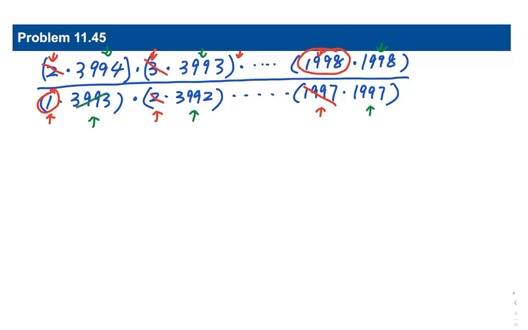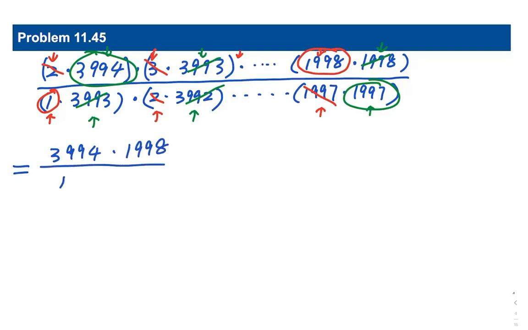So these will be cancelled, and this term will stay. This term will stay. So in the end, we have 3994 times 1998 divided by 1 times 1997. And this is 2. So we have 3996.